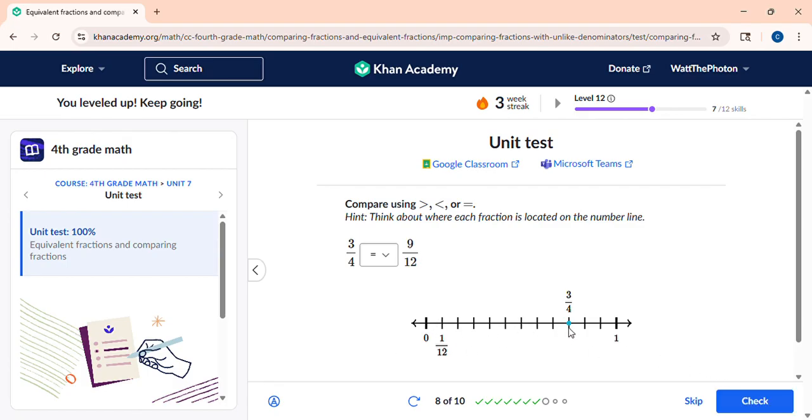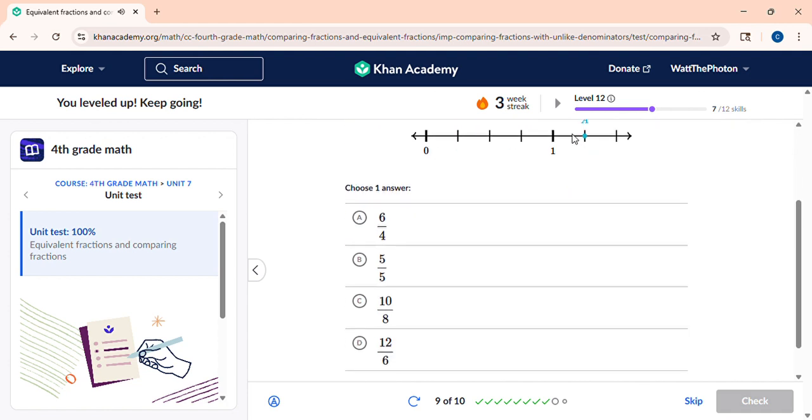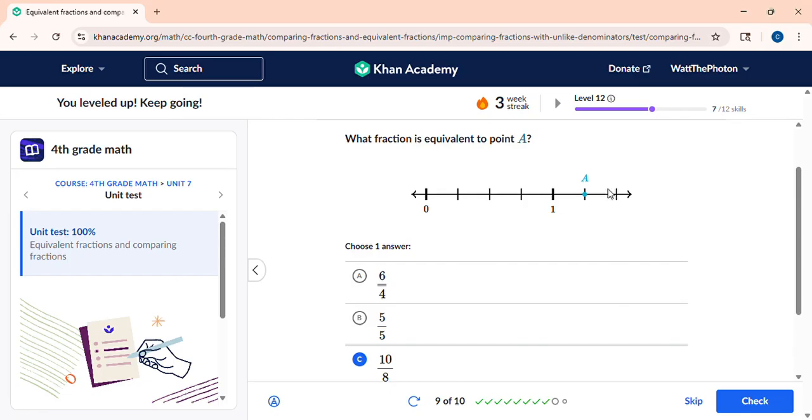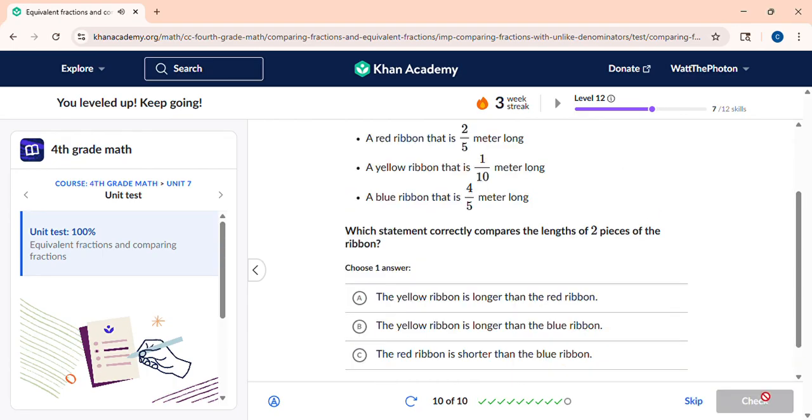3, 3, 3. 10, 11, 12. 1, 2, 3, 4, 5, 10. That seems about right. 1, 2, 3, 4. So that's 5 fourths, 10. Yeah. We just had this question.